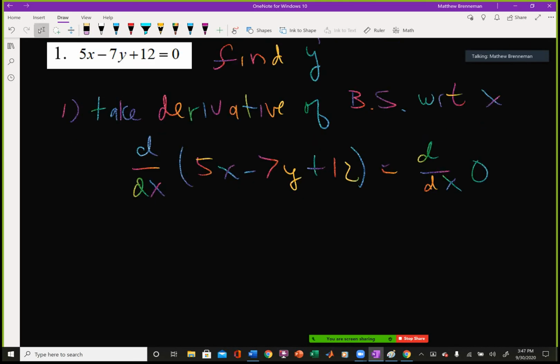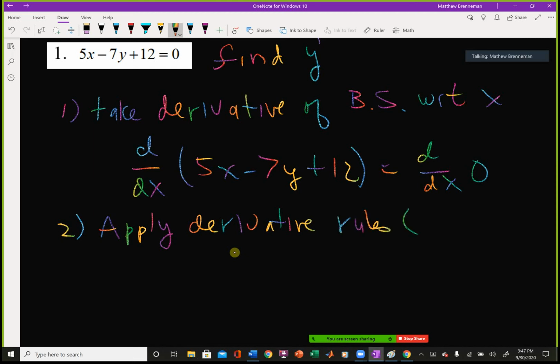And now I'm going to apply my derivative rules for forms, okay? I'm always going to start off thinking about forms. Whenever you're totally lost, you ask yourself, what form am I taking the derivative of? So here, am I taking the derivative of a sum or a difference? Yeah, right?